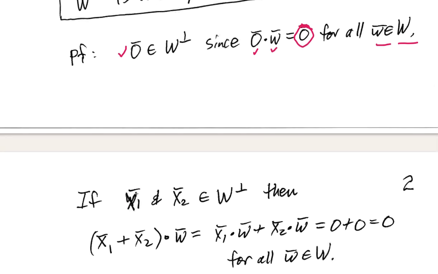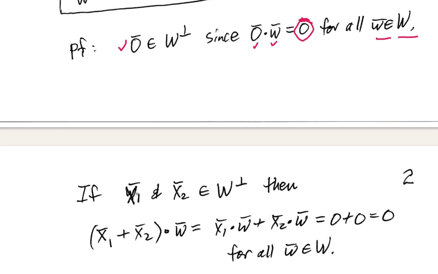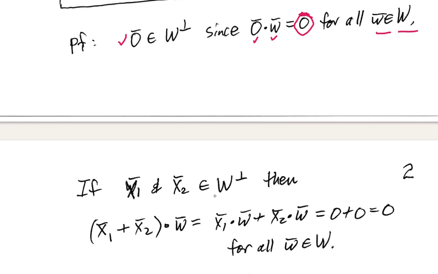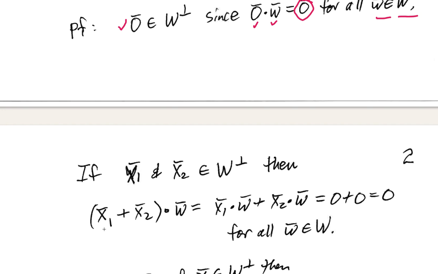What's the second thing? We need closure under addition, whatever order you like to do these in. Suppose x1 and x2 are elements of W perp here. Then if I go x1 plus x2 and then dot that with w bar, an arbitrary vector in the subspace W, I could use the distributive property and go x1 dot w plus x2 dot w. But these are going to be 0.